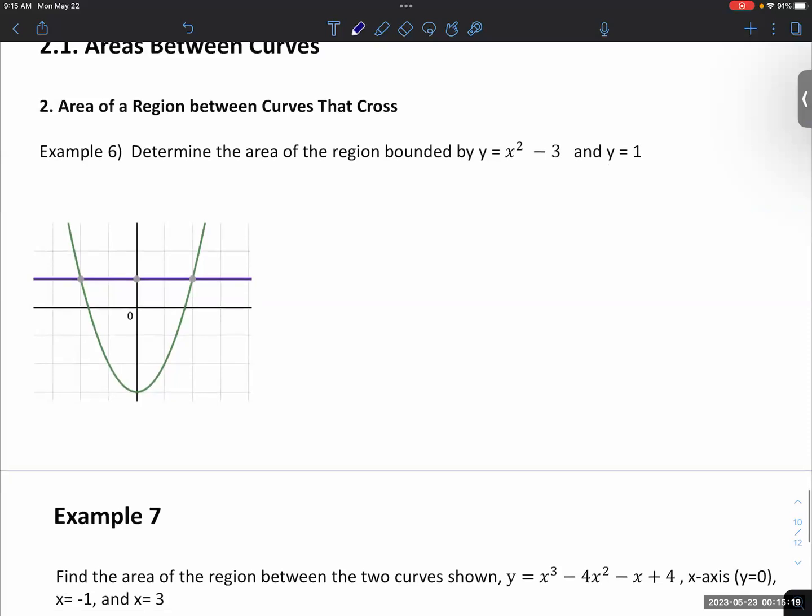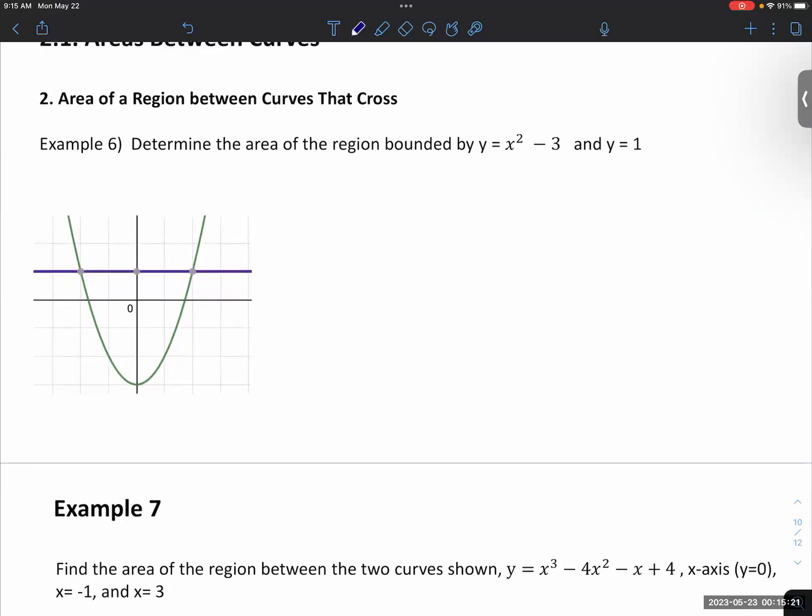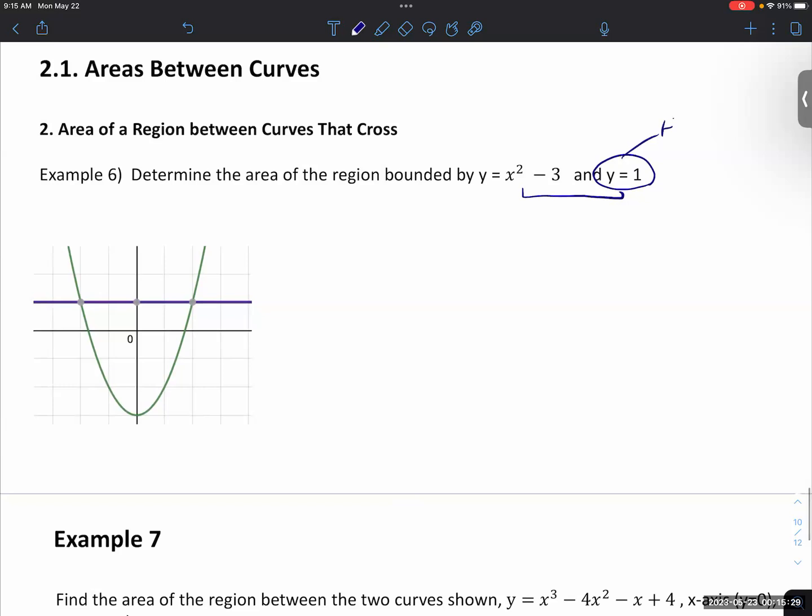Okay, example 6. So this is what we have. We're going to find the area between two functions. It's very unique, but as I mentioned, y equal to whatever number is a horizontal line. Do you remember? So if you graph it, exactly, this is y equal to 1, and the green one is y equal to x squared minus 3. We are looking for the area between these two.